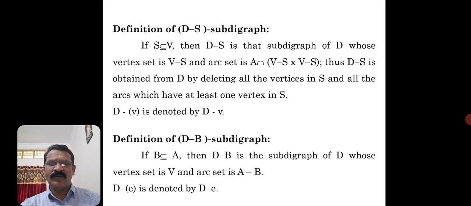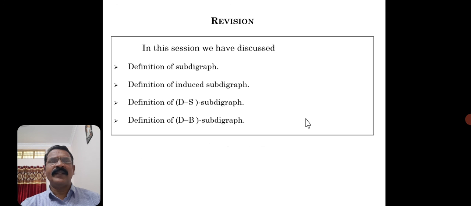D minus E means deleting one arc from the digraph D. So you may denote this by D minus E. So these are the different digraphs, or subdigraphs, of the digraph D.